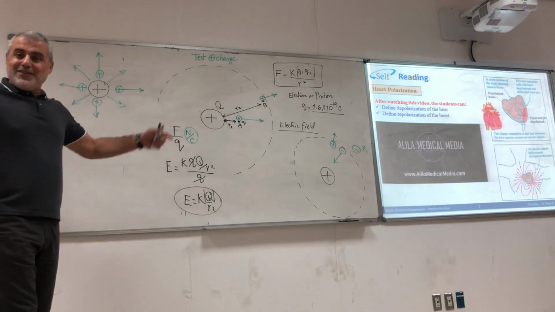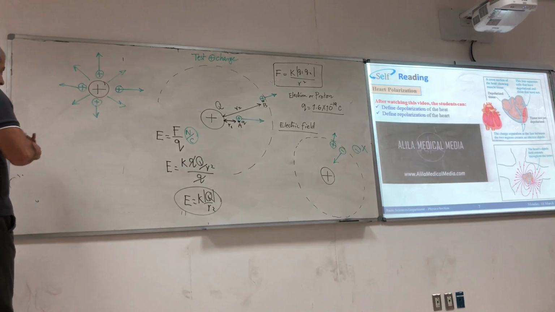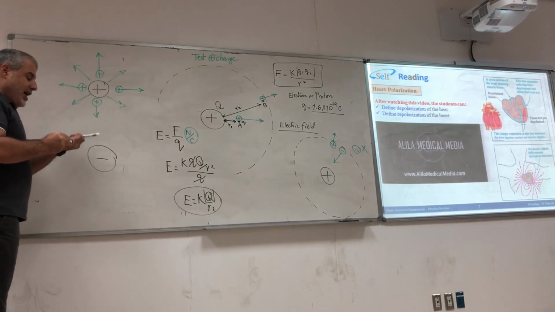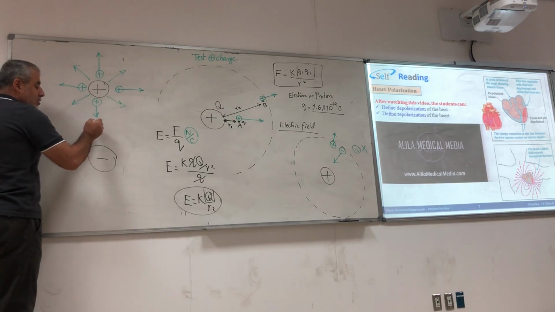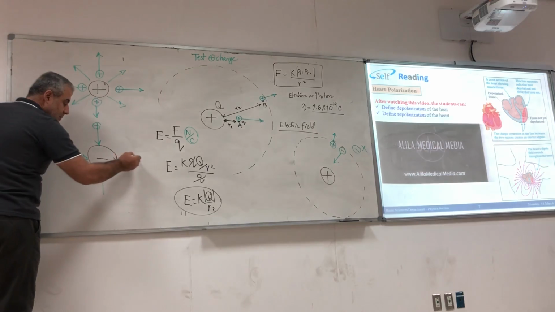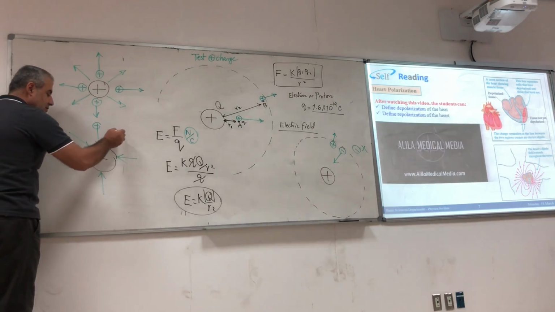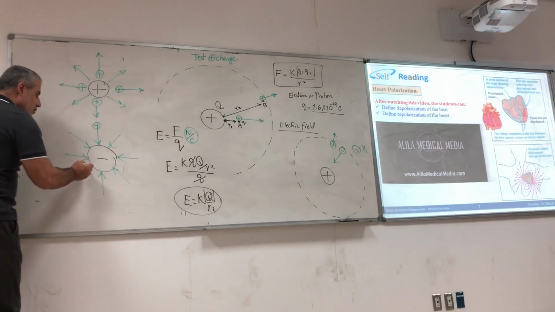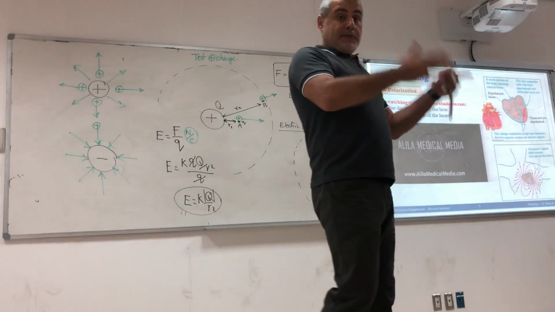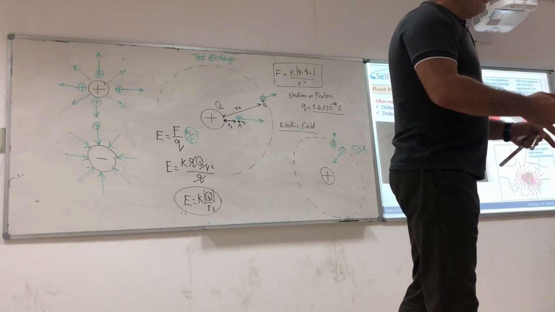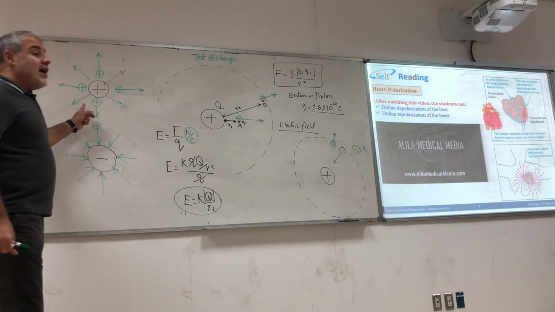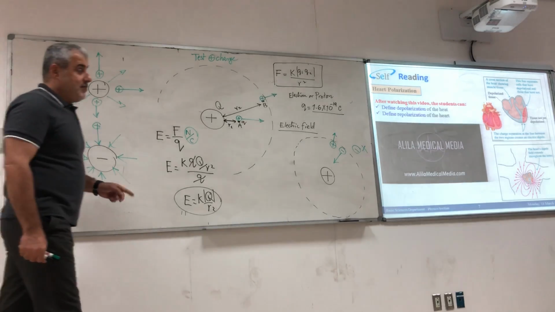On the other side, if we have a negative charge, all the lines look like they are going into the charge. I think you studied this before. So the direction of the electric field is always from the positive charge toward the negative charge. It moves outward from the positive and inward to the negative.